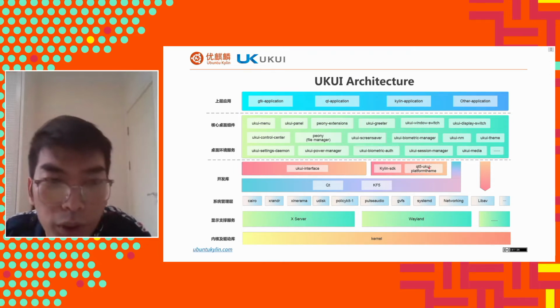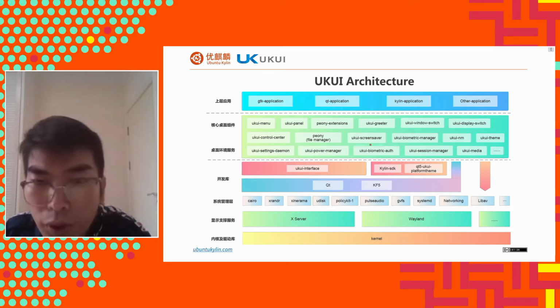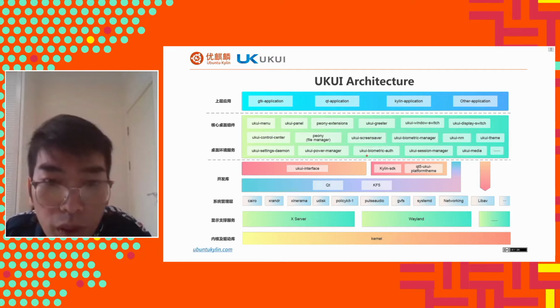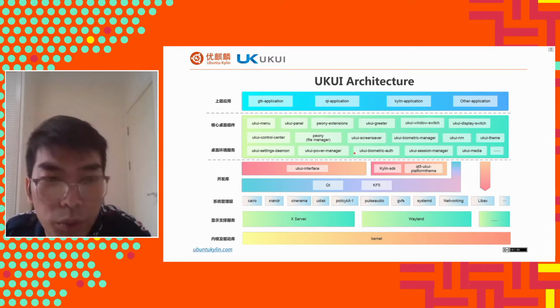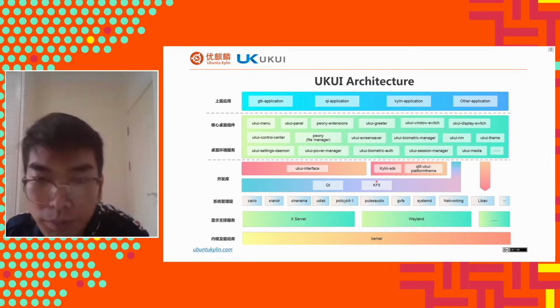On top of the development library, we create the service layer of the desktop environment, including settings daemon, power manager, sound manager, Bluetooth manager, session manager. On top of that, there are the core components, including the start menu, panel, file manager, control center. Those core components give the users the most intuitive feeling of UKUI's desktop environment.